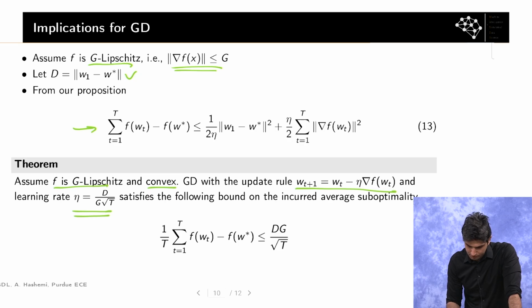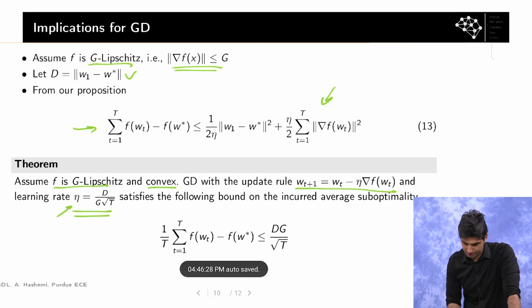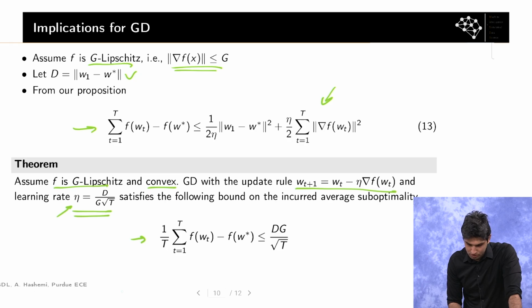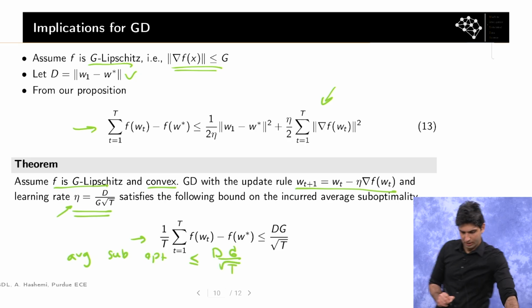So basically what I've done, I just plugged in this eta into this inequality and divided by T, okay? And this gives me the following bound. And the way to interpret it is to say that now the average suboptimality is bounded by DG over square root of T, okay?